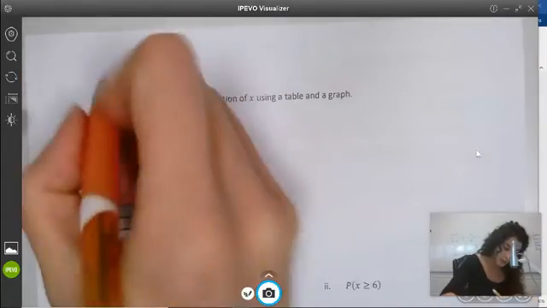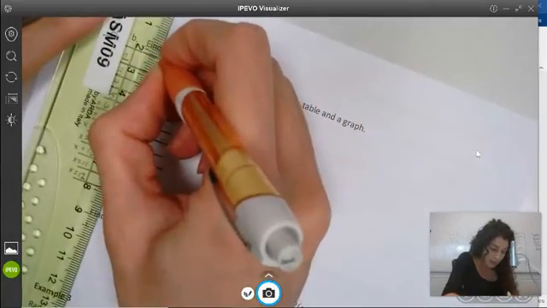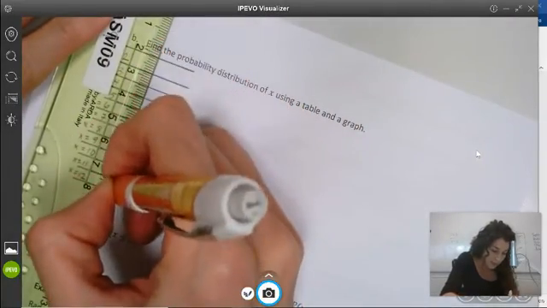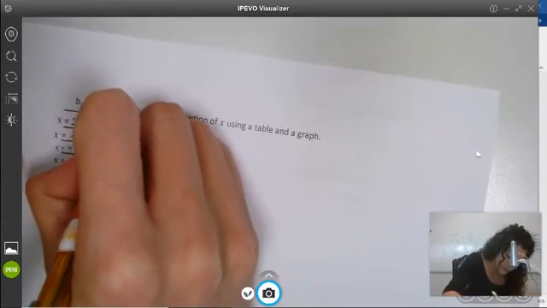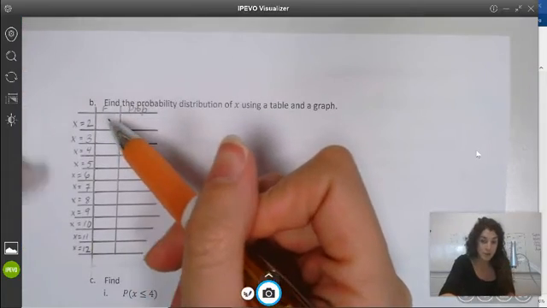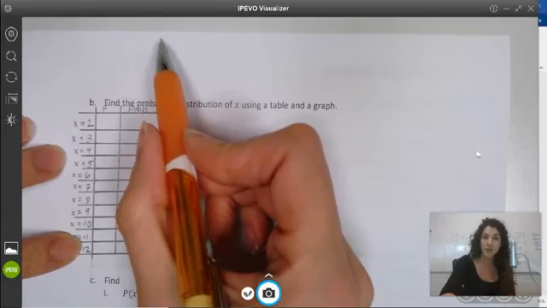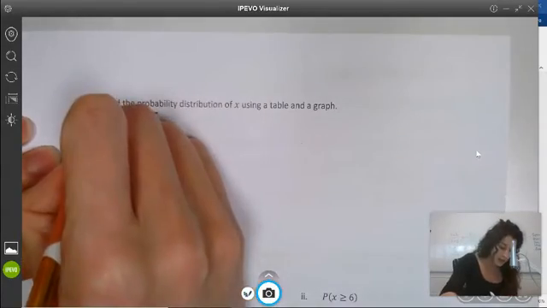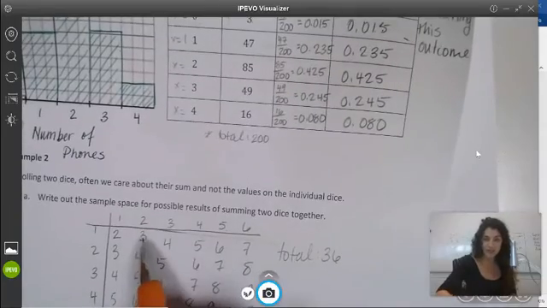So I'm going to do my frequency here, and then my probability on the next one. Frequency: the number 2 only shows up once. It's when you have 1 and 1 on your dice. So that has a frequency of just 1. Whereas 3 has a frequency of 2.